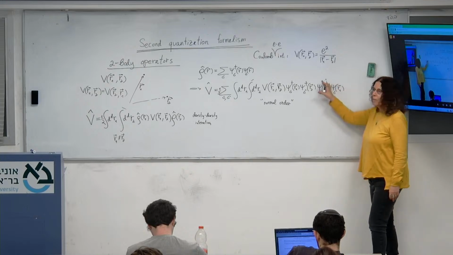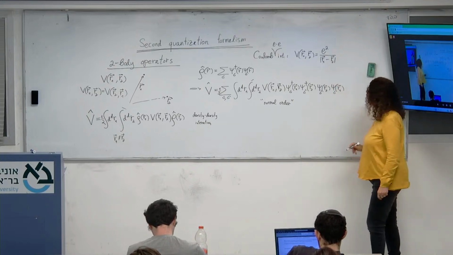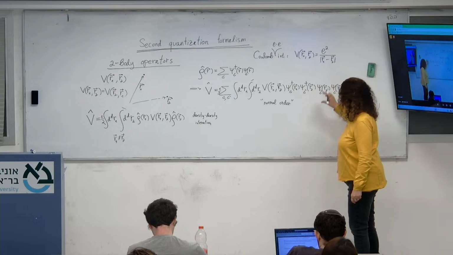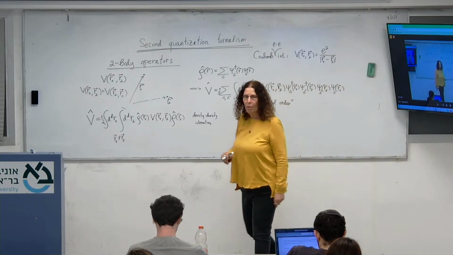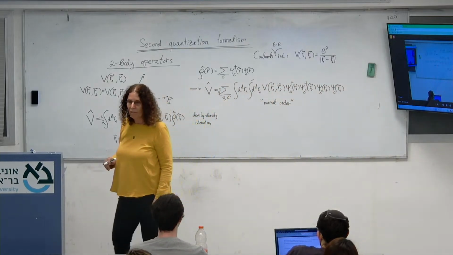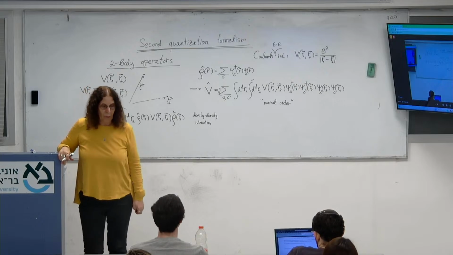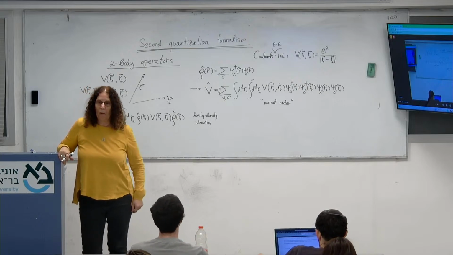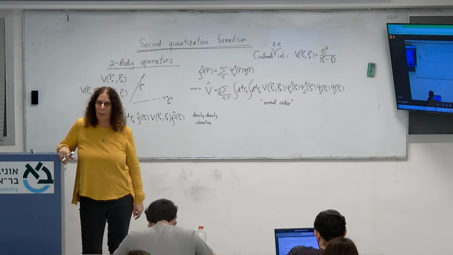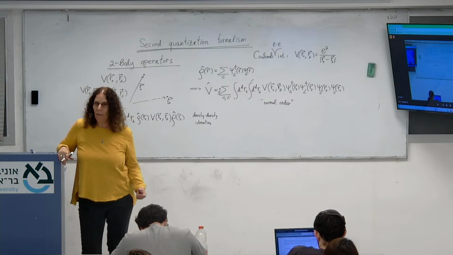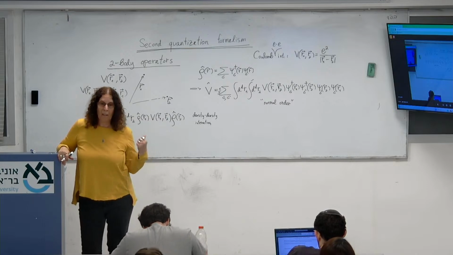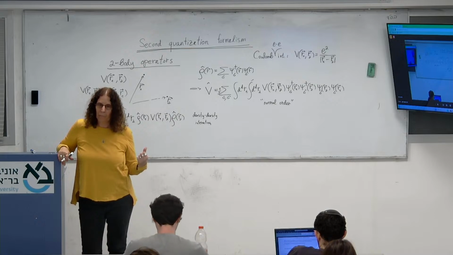And what is its advantage? If you take such an operator and apply it on the vacuum, what do you get? Zero. So therefore, the vacuum expectation value of this is zero.